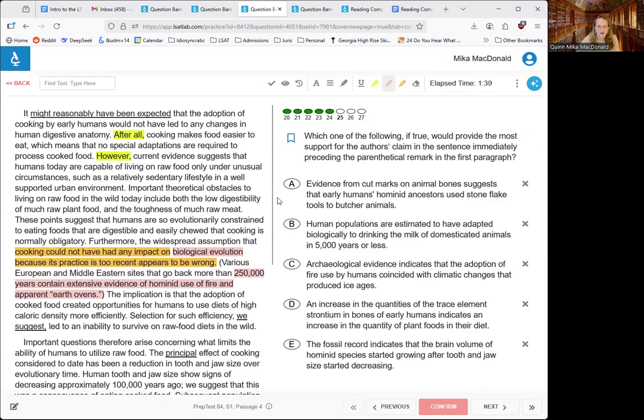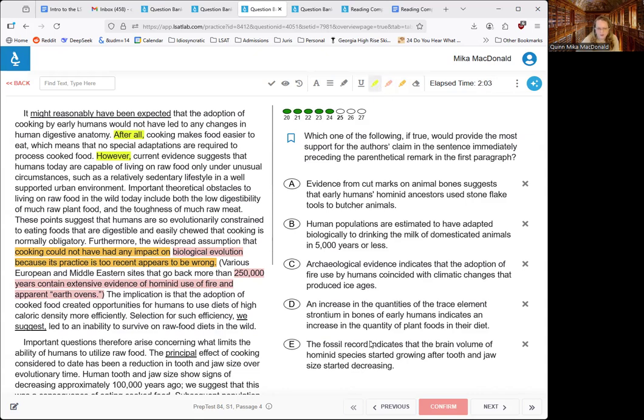So, if I think abstractly about how I would want to strengthen this, I would want to show that humans can biologically evolve within this time period. That would be my goal. I want to get more strength to the biological evolution idea.